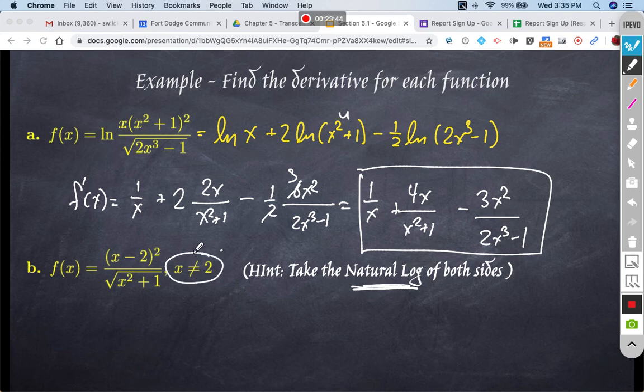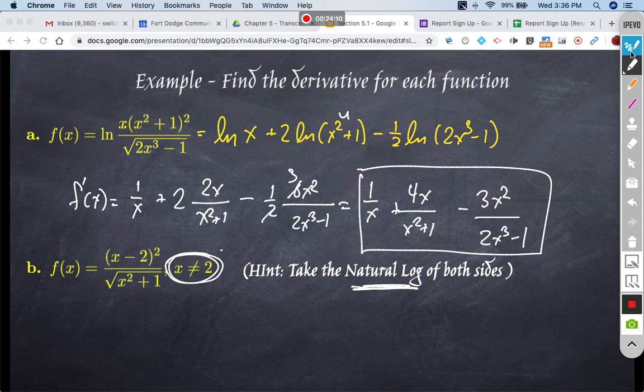And that's why we have to have this right here. Because if I don't have this, I can't take the natural log of both sides. Because if x equals 2, f of 2 is 0, and I can't take the natural log of f of 2, because I can't take the natural log of 0. But if I have this limitation on here, I can take the natural log of both sides to do this.